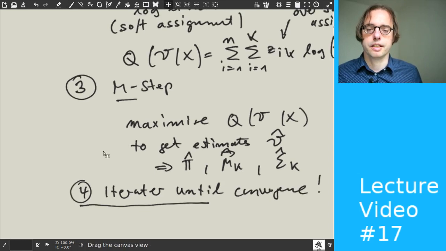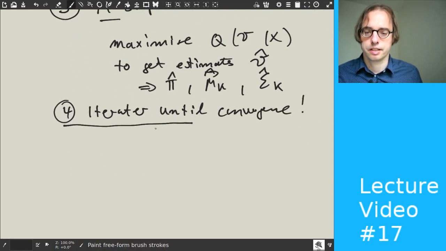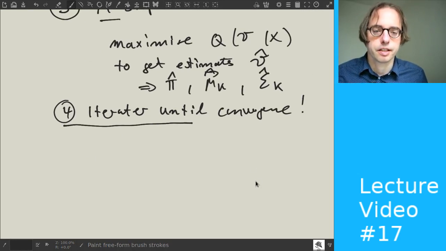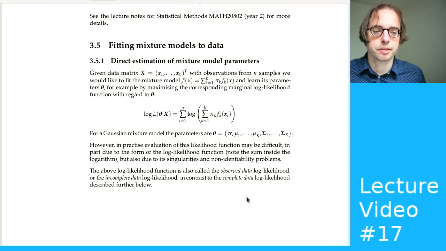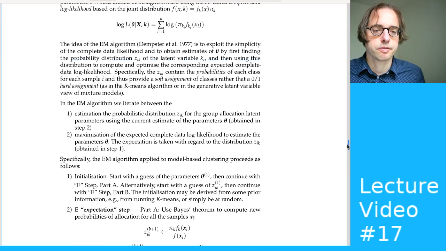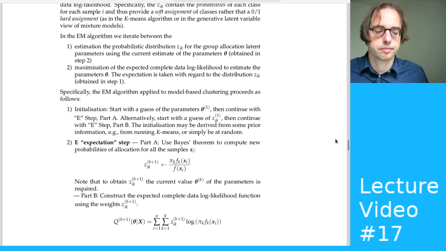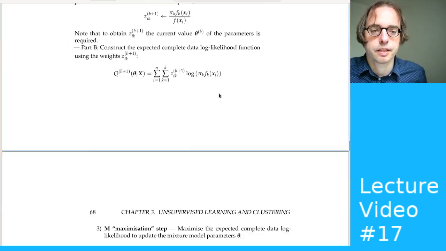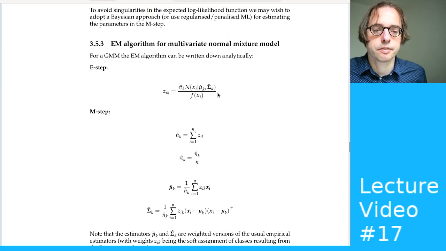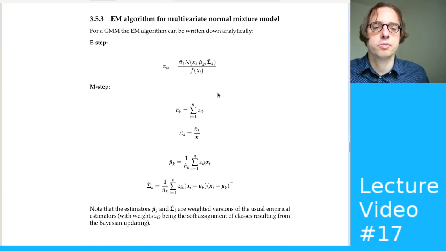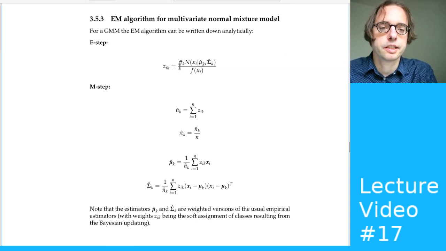So if we use the Gaussian mixture model, this leads to very simple formulas. So I'll show you here. These are the formulas for a normal mixture model. What you see here is in the E step we impute the zik, which is simply, you can see here, Bayes' theorem.